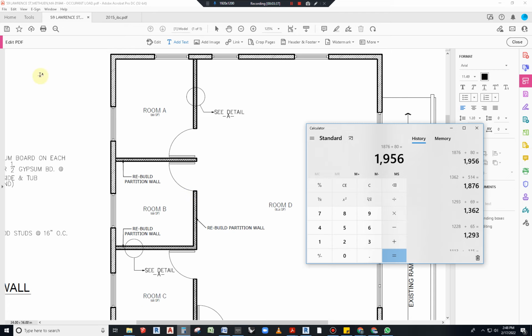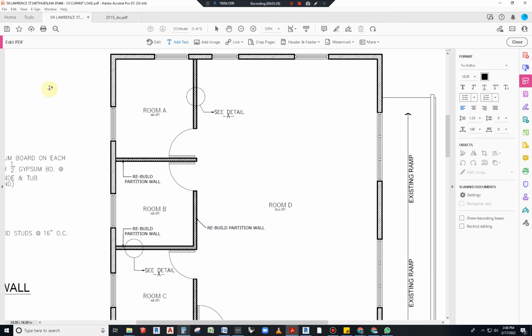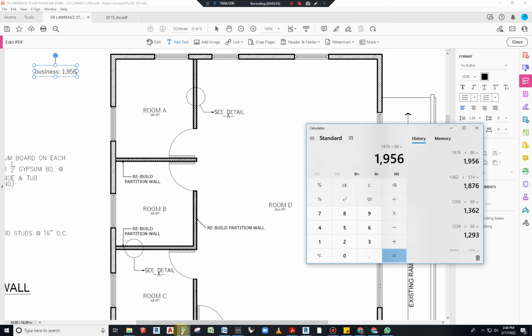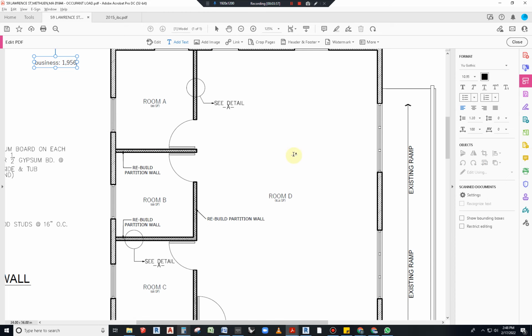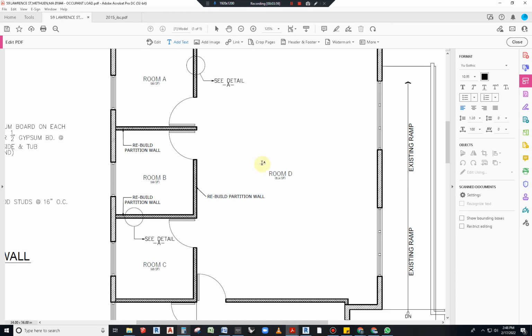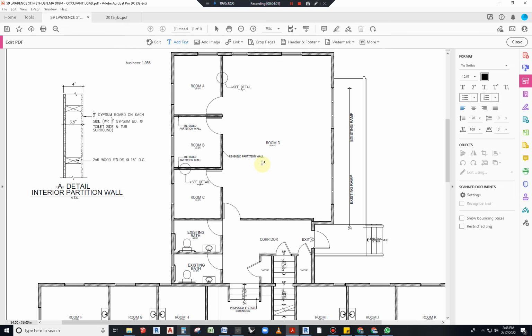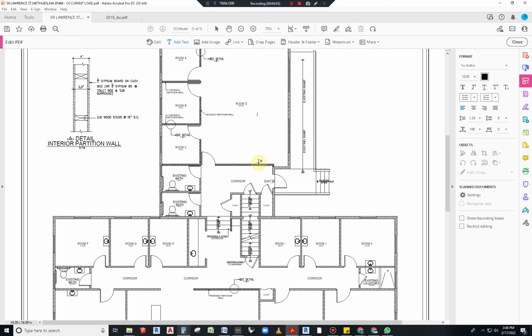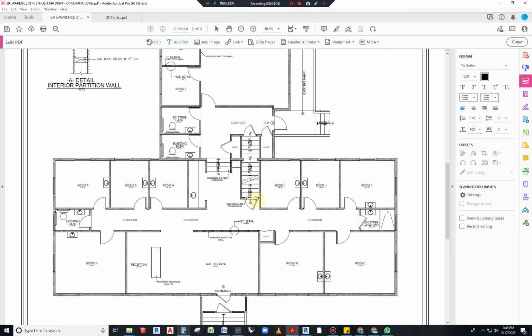Okay, let's make sure we got it all, but I'm going to put it right here. It is going to be 1,956 in business, 1,956. Let me make sure I got it right. Yep, 1,956. And let's make sure I got all of the rooms correctly. Okay, I'm just looking at it very quickly.